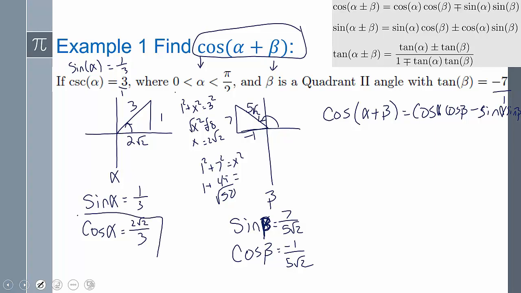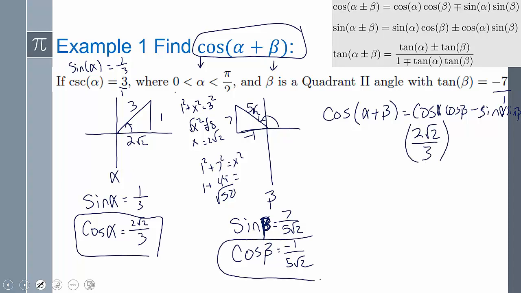I just found it. This becomes 2 root 2 over 3. What is my cosine beta? I just found it. That becomes -1 over 5 root 2. What is my sine alpha? That's going to be 1/3. And then my sine beta is 7 over 5 root 2.